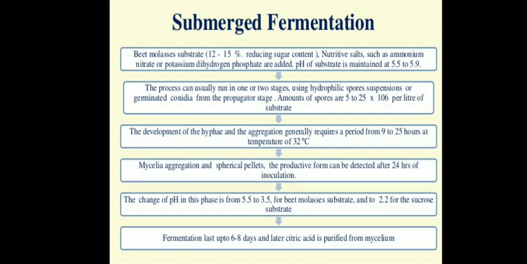Basically, in the submerged culture process, a vegetative inoculum stage is used where spores of Aspergillus niger are allowed to germinate in an inoculum medium before being transferred to the main fermentation medium in the large vessel.